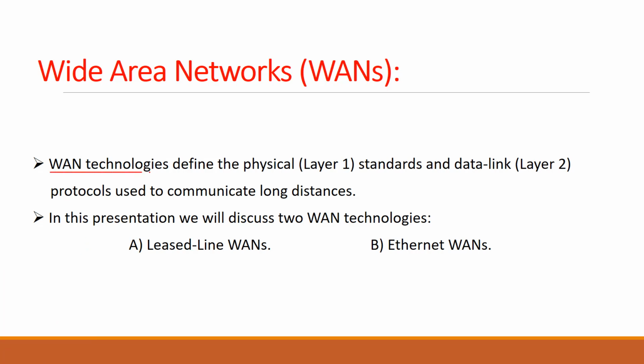WAN technologies define the physical layer, layer 1, standards, and the data link layer, layer 2, protocols, which are used to communicate over long distances. In this presentation we will discuss two main technologies for WAN, which are leased line WANs and Ethernet WANs.